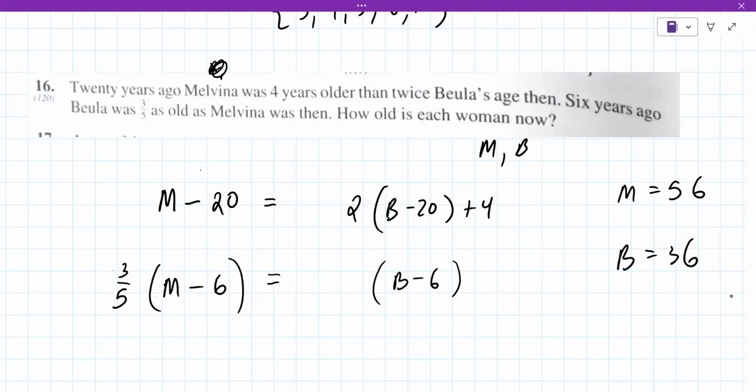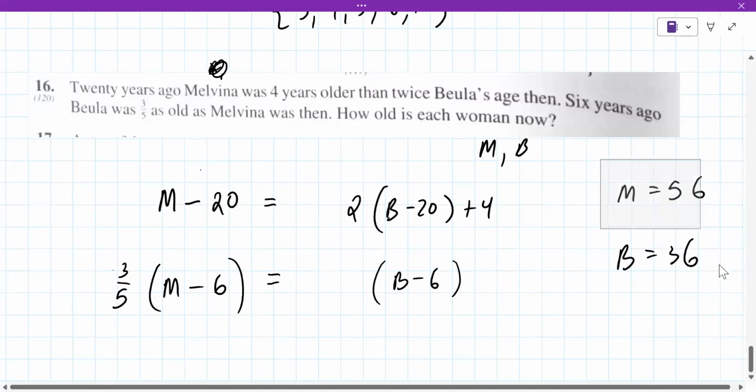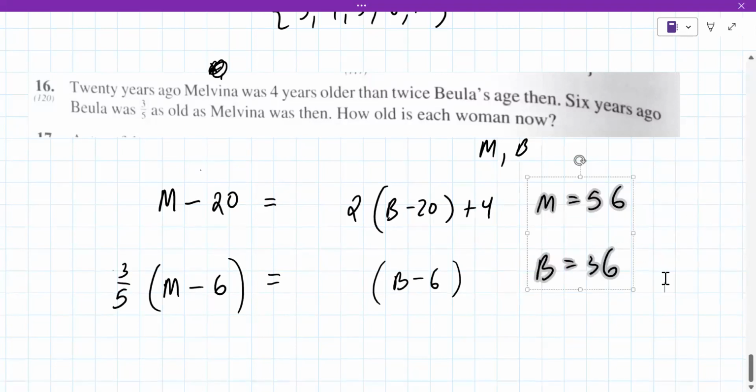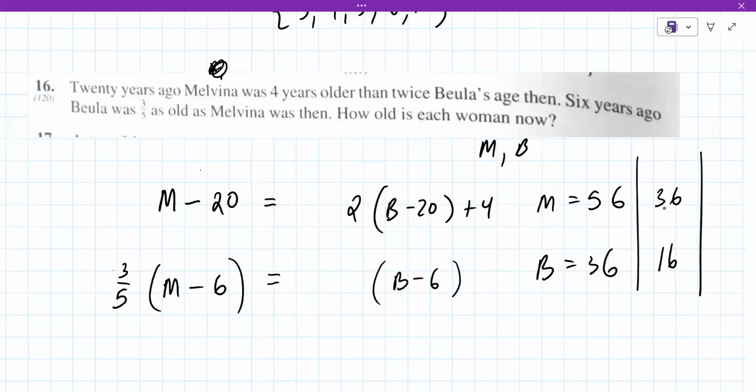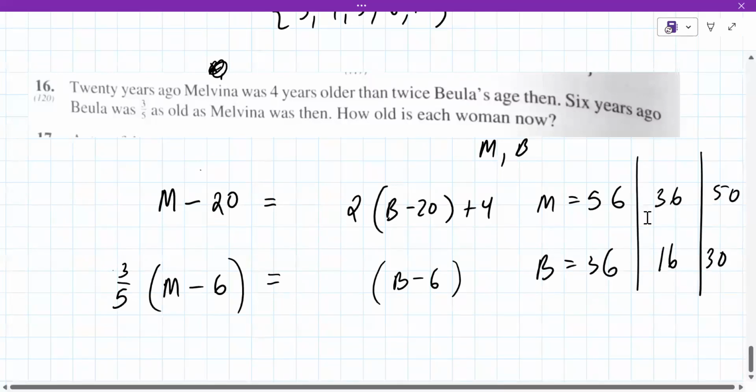Okay. And so that's their current age. So 20 years ago, 36 and 16. If you double 16 and add 4, you get to that. That's good. And then 6 years ago, it's 50 and 30, which is 3/5 of that.